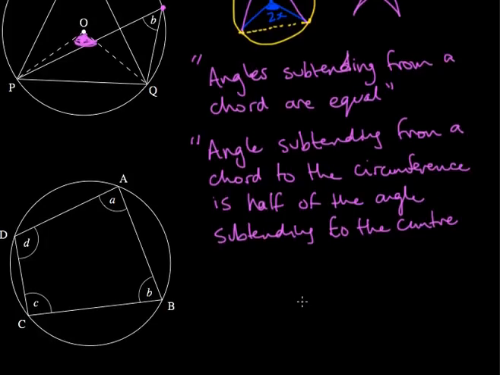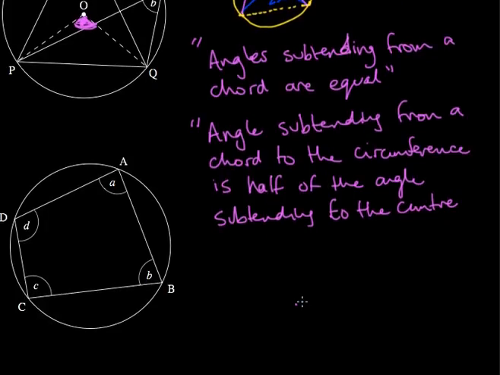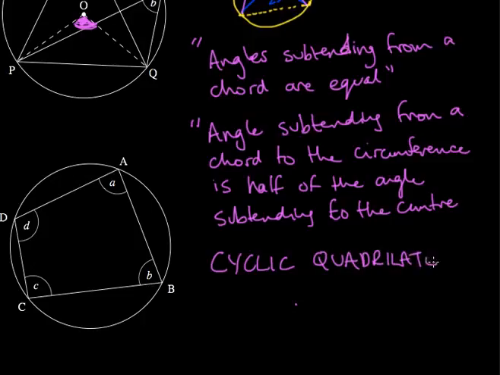Now another interesting one here is what's called a cyclic quadrilateral. That's spelt this way: cyclic quadrilateral. And you can spot, well, you may not be able to spot this.